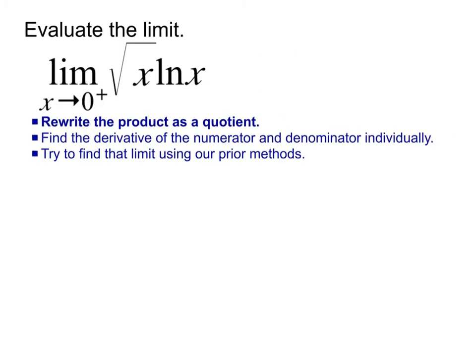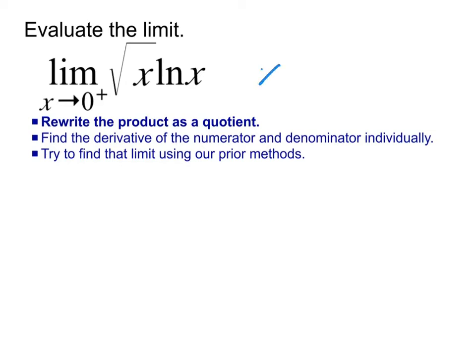Now, in order to do that, we have a couple options about how we do it, because I could either try to take the square root of x and write it in such a way that I can put it into the bottom of the fraction, or I can write the natural log of x in such a way that I could make it go onto the bottom of the fraction. And how do I put it onto the bottom of a fraction?